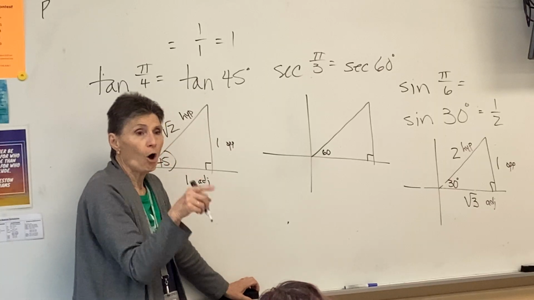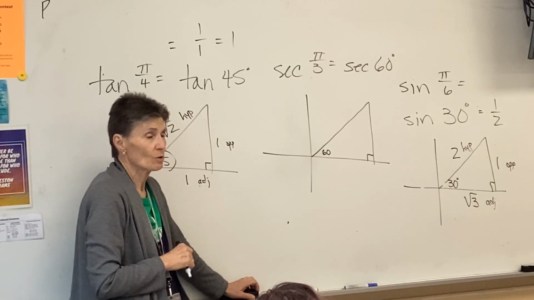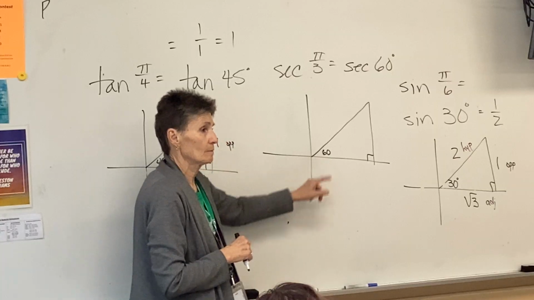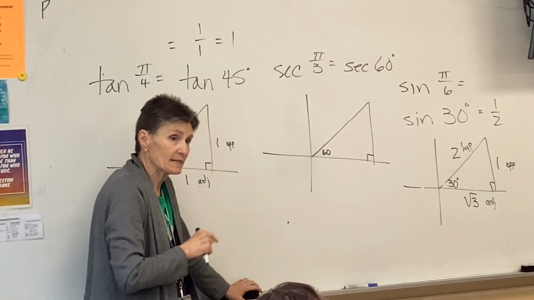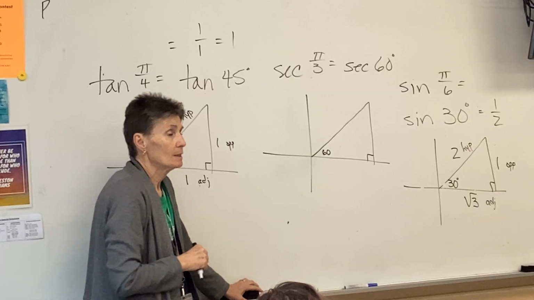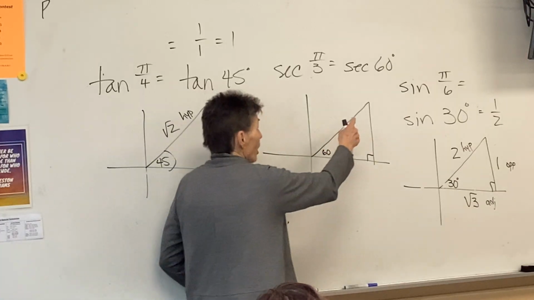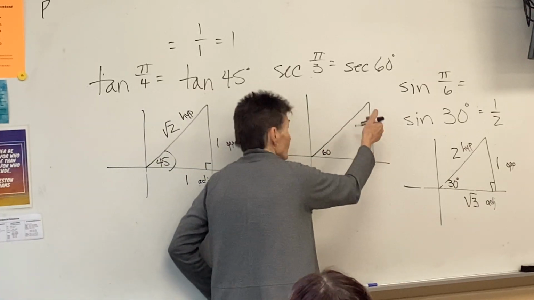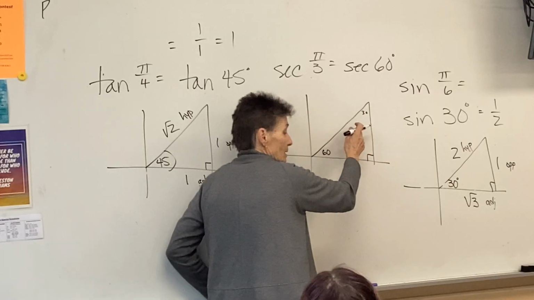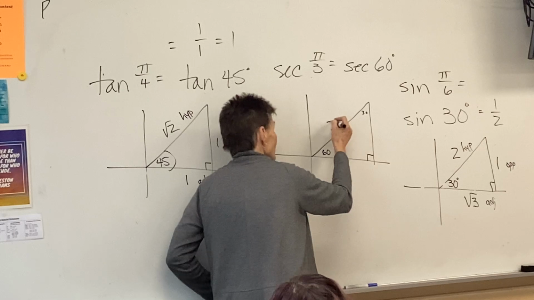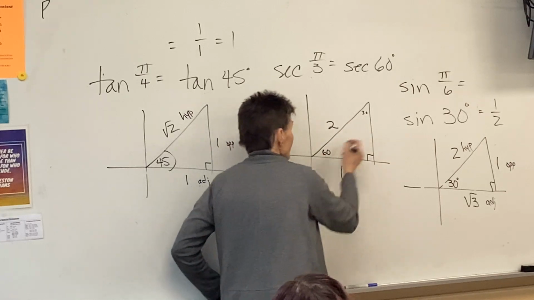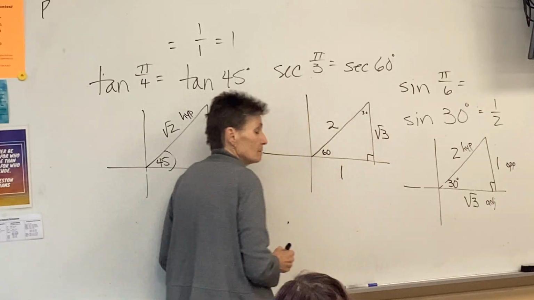Your angle always goes at the origin, so it's always going to go right there. This is another 30, 60, 90. Remember that across from this is where the 30 would be, right? So across from the 30 is 1. The hypotenuse is 2. And the other side is root 3.